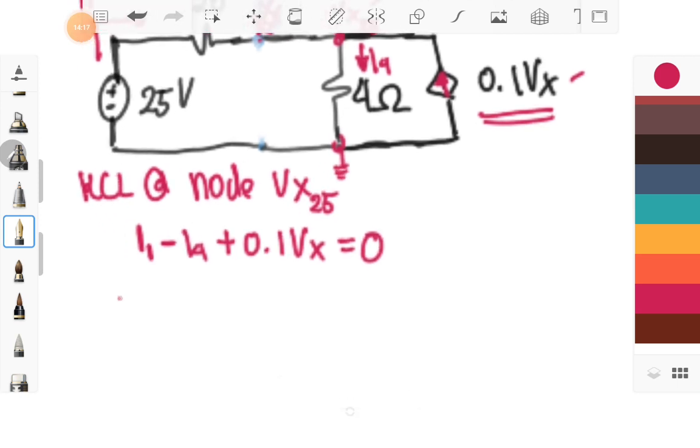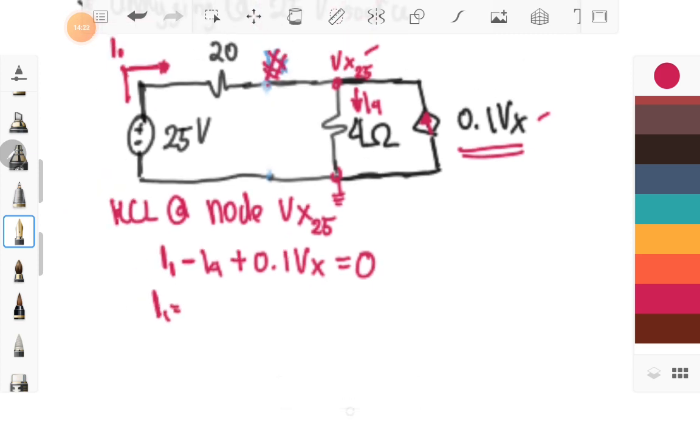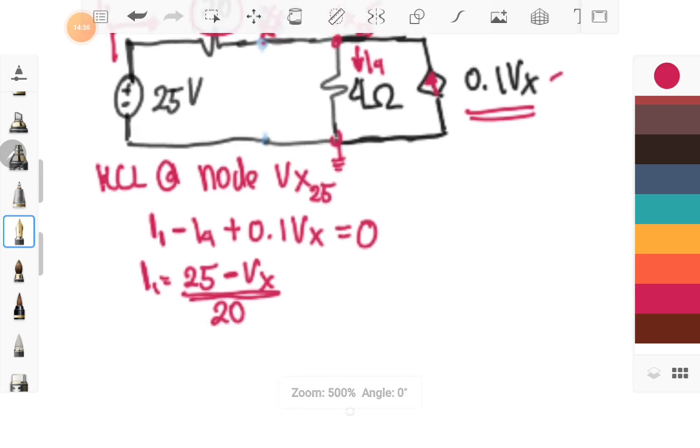So our I1 is basically equal to 25 minus Vx, from higher to lower potential, divided by our 20 ohm. And then our I4 is basically equal to Vx over 4.